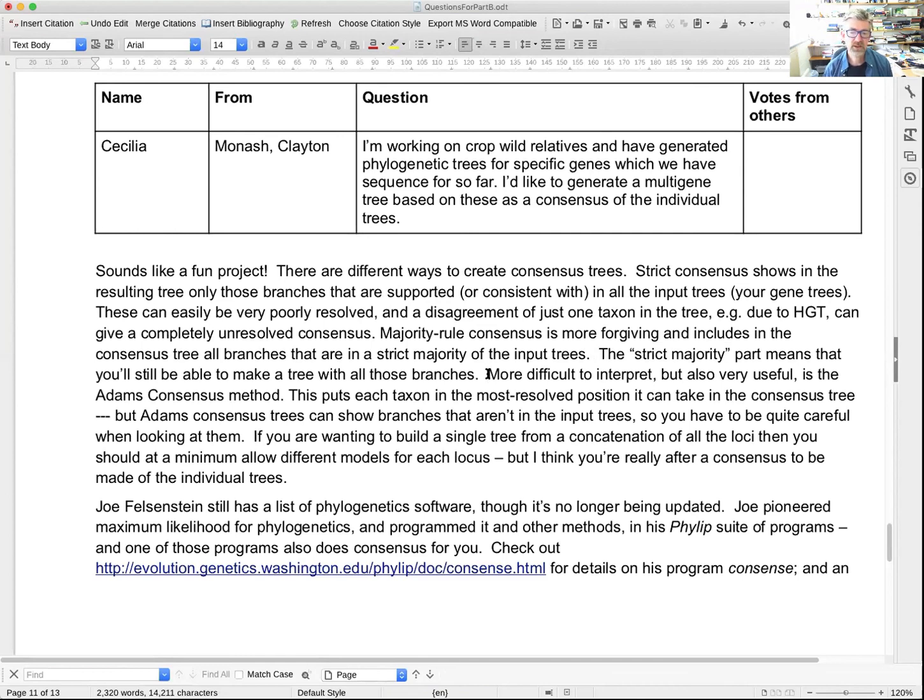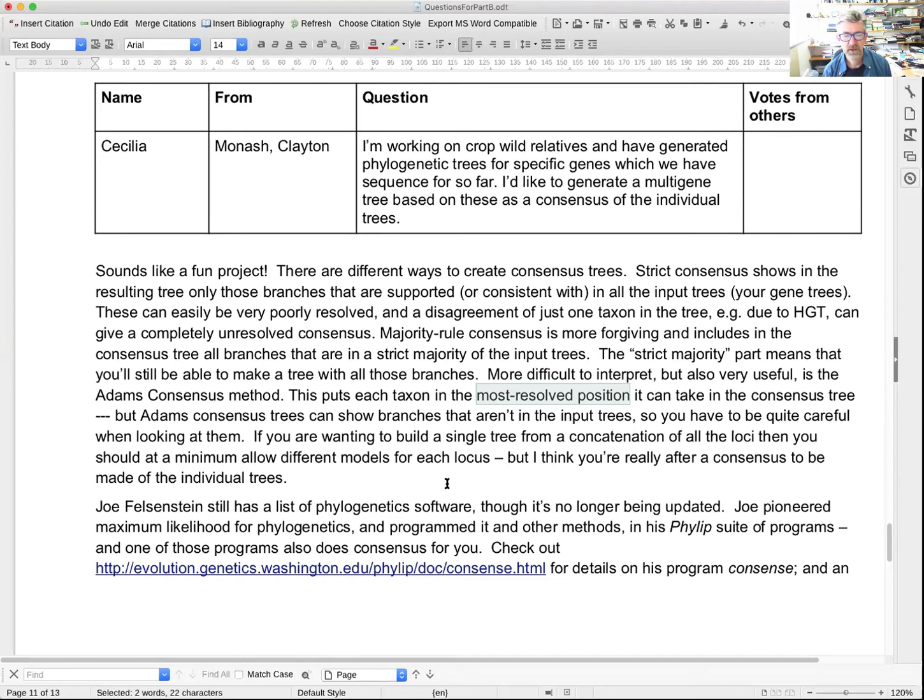The way it works is it puts each taxon, each leaf, in the most resolved position it can possibly be with respect to the root. So the furthest position from the root that it can be, as estimated by all of the input trees.